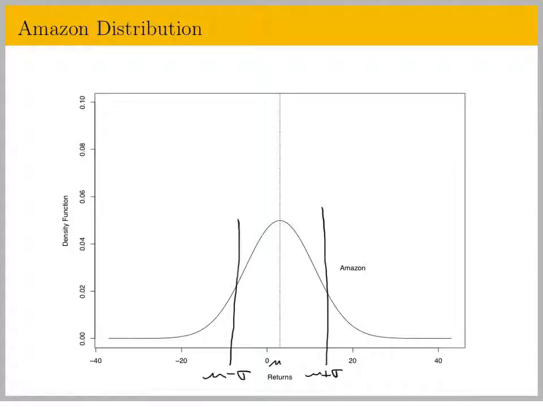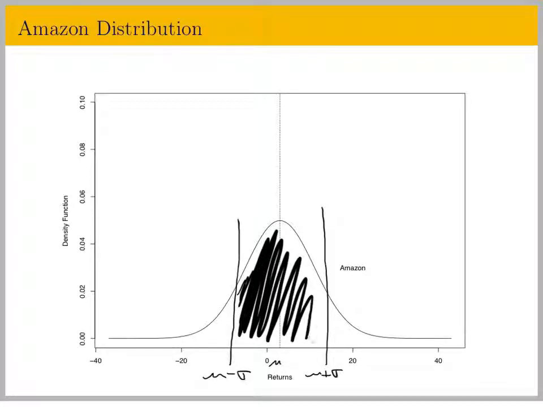And it's a known fact that for any normal distribution, the area between the 1 sigma band below and the 1 sigma band above is always roughly 68% of the area under the distribution.